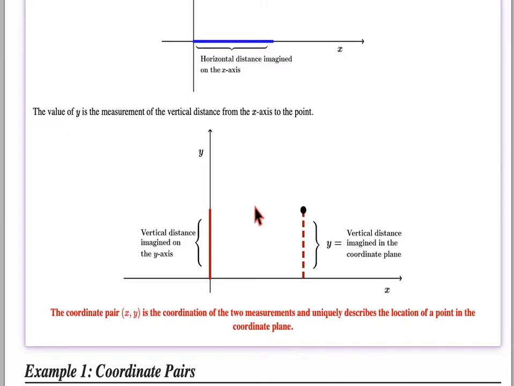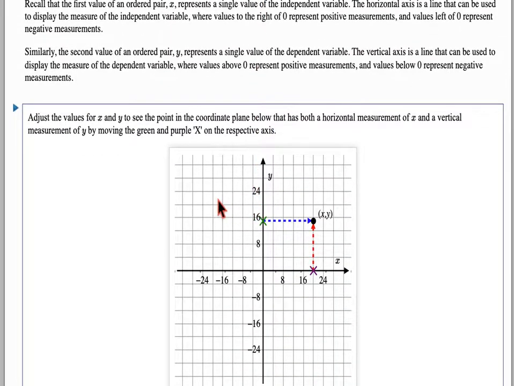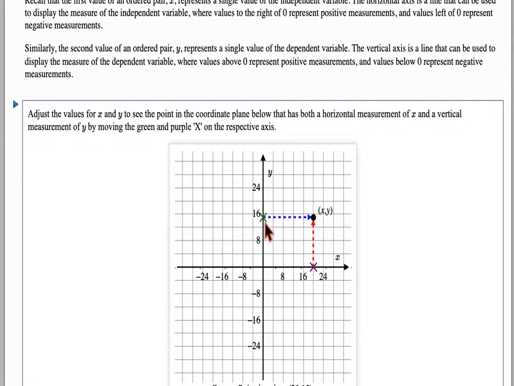So it's a vertical distance. We can play with these and change the y value. As I change my y value, that's the height of the point. If I change my x value, I can see the horizontal distance gets bigger or smaller.